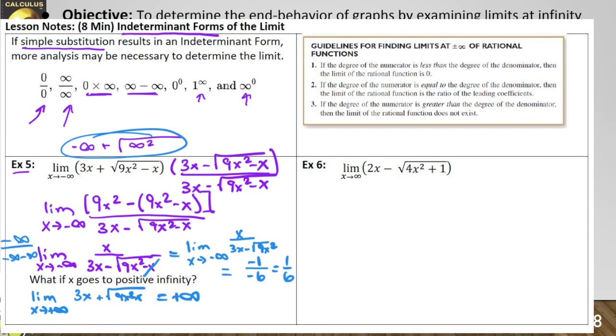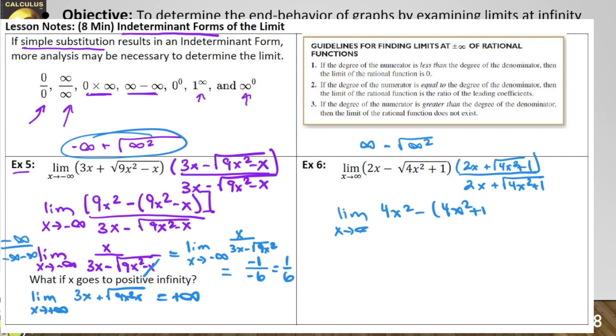For example 6, once again I try my substitution. I get infinity minus the square root of infinity squared, which we now know is not necessarily going to be 0. So let's multiply by the conjugate and do our algebra, due diligence here. Do not skip steps; fun surprises could happen. Multiplying by our conjugate, we get 4x squared minus the quantity 4x squared plus 1, divided by the denominator 2x plus the square root of 4x squared plus 1.